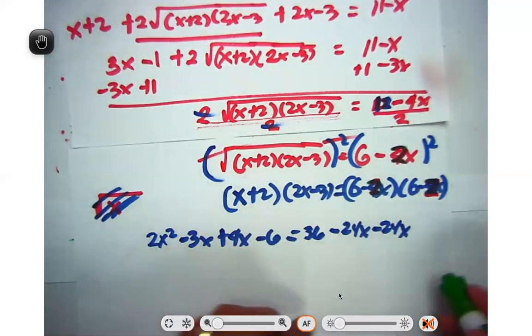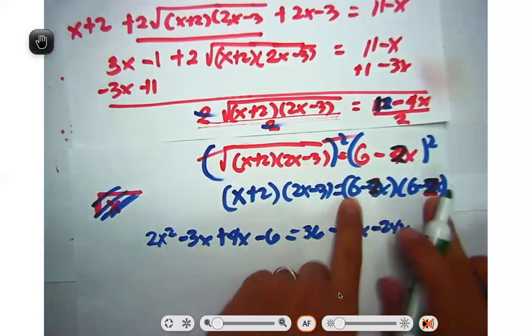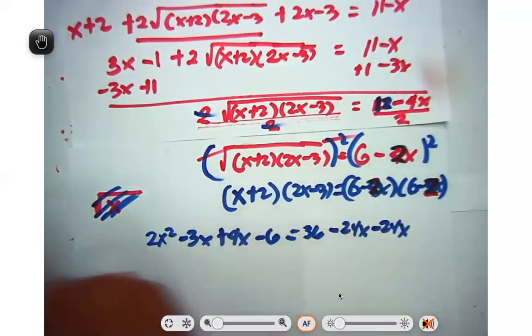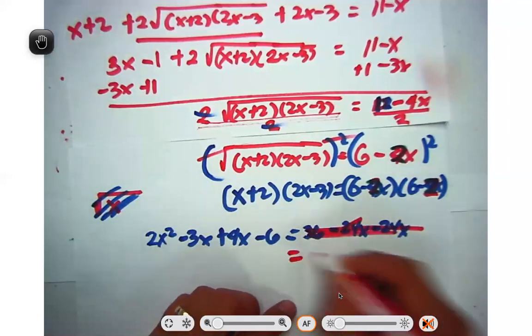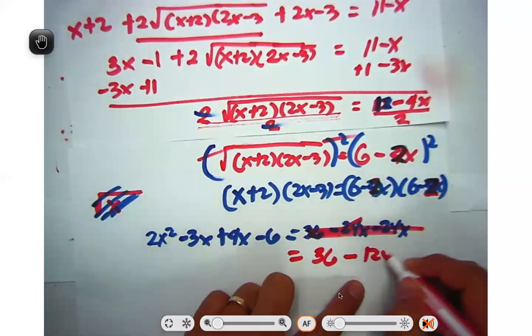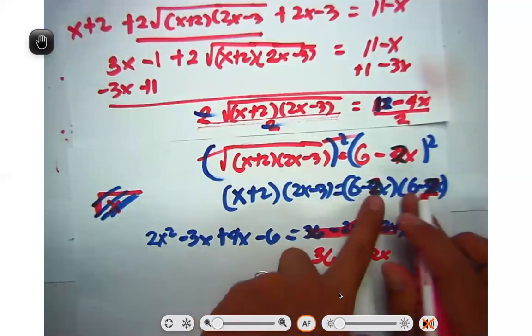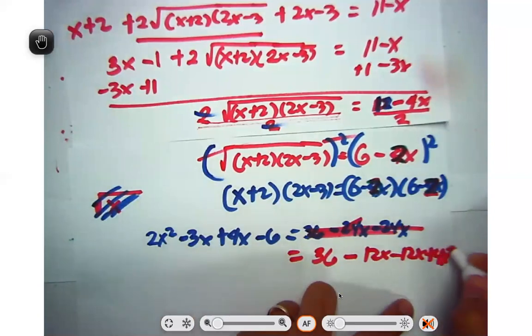Okay, so maybe I'm tired. Well, this is negative, okay, let me just erase this, equals 36 minus 12x, negative 2x times minus 12x plus 4x squared.